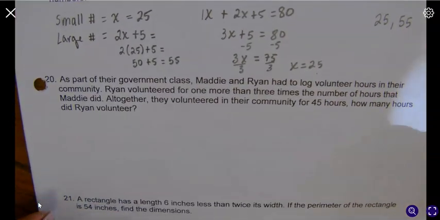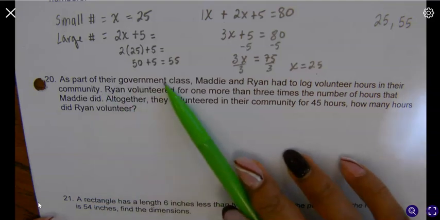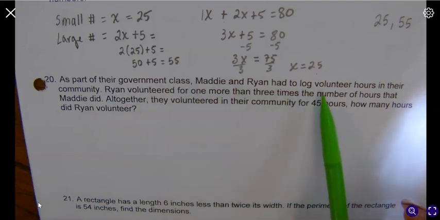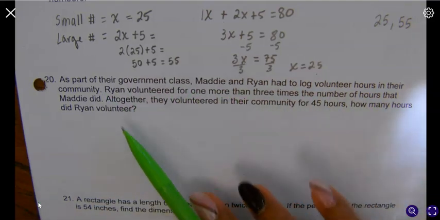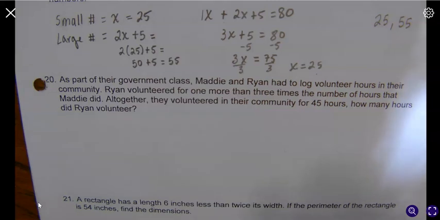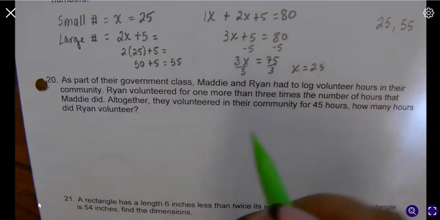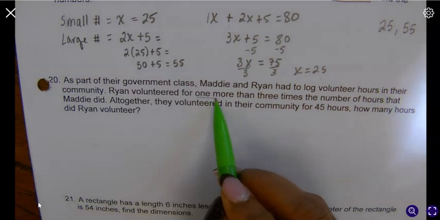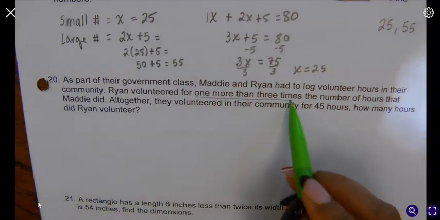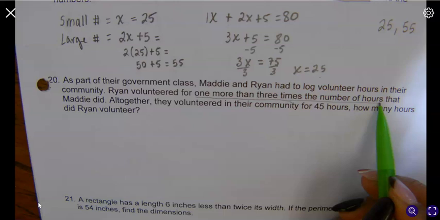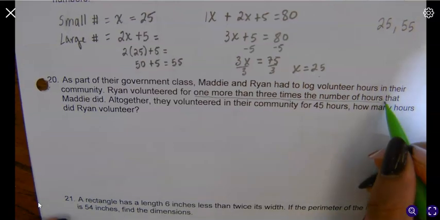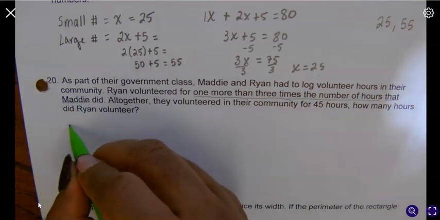Here's the second problem. As part of the government class, Maddie and Ryan had to log volunteer hours in their community. Ryan volunteered for 1 more than 3 times the number of hours that Maddie did. So Maddie had some hours.